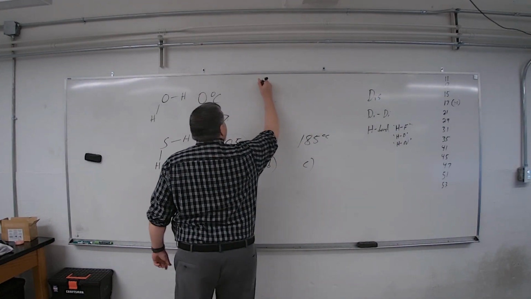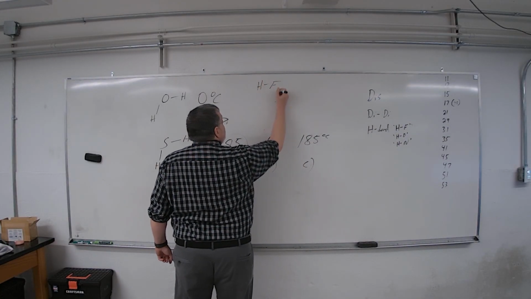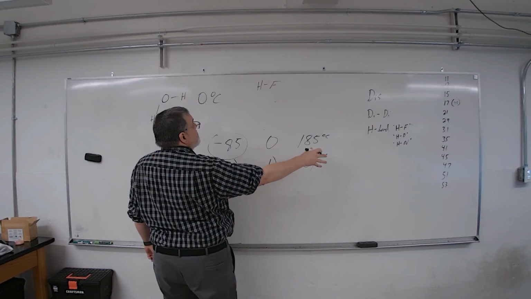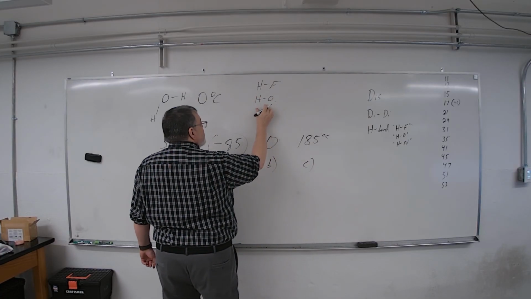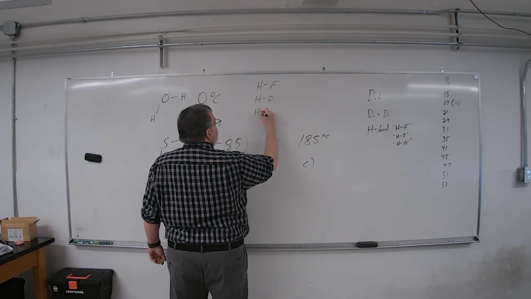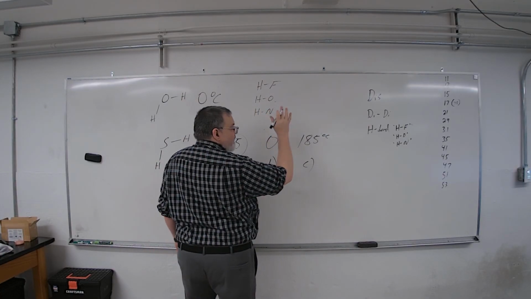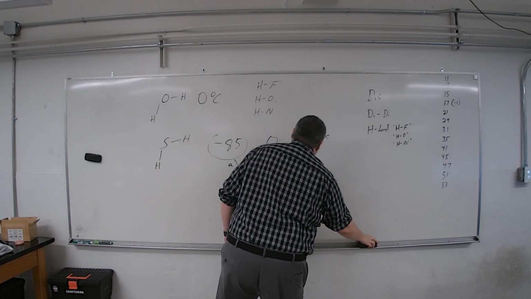I have told you that's the strongest among the hydrogen bonds. Next in line, those are the next strongest. H at the end is the weakest of these very strong ones.